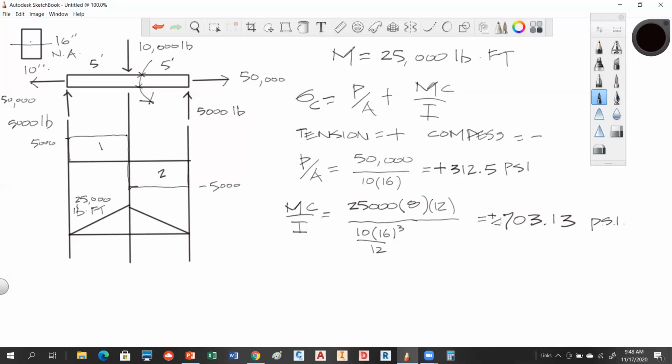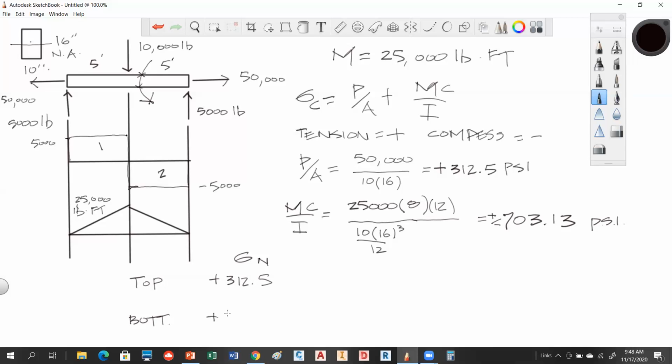So how do we handle this now? So we generate a little chart here. So we're going to say at the top, we got one thing going on, and at the bottom, we got another thing going on. So for our axial stress or our normal stress, at the top, it's going to be plus 312.5 psi.